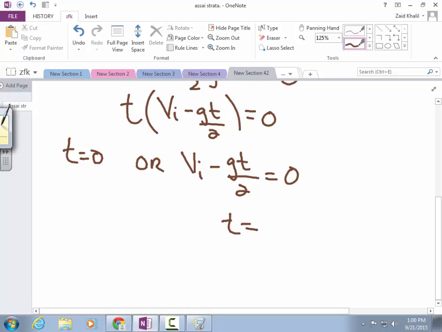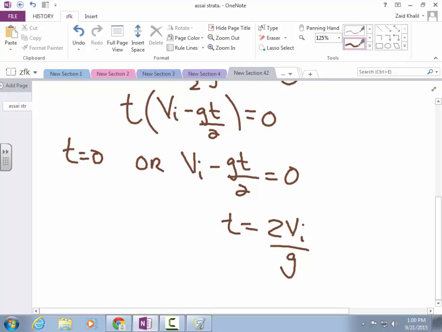T equals? Come on. 2vi over g. In other words, it's completely consistent with the other solution. Which was easier? They're both easy. But you did get an additional solution here that's kind of interesting. What was the other solution?